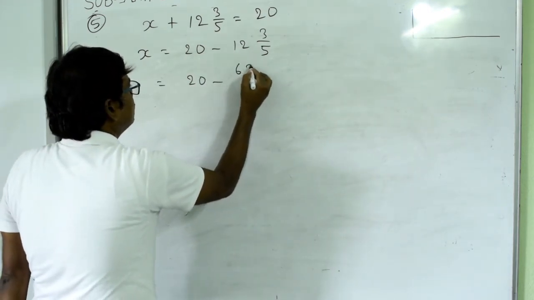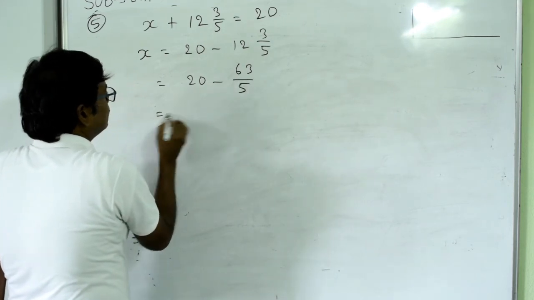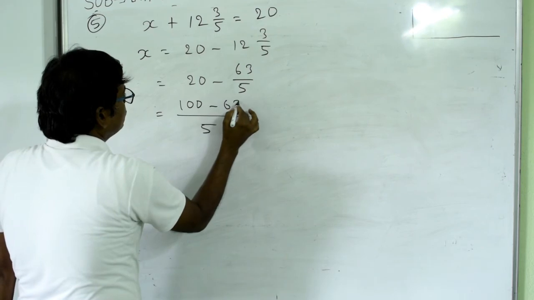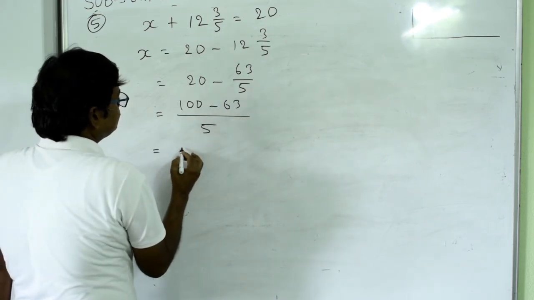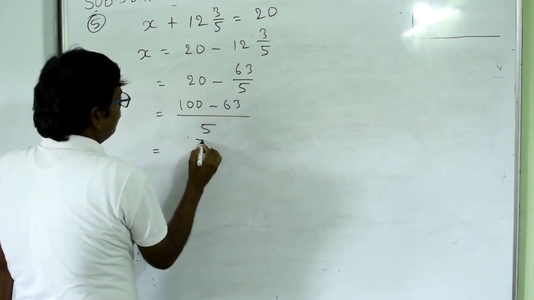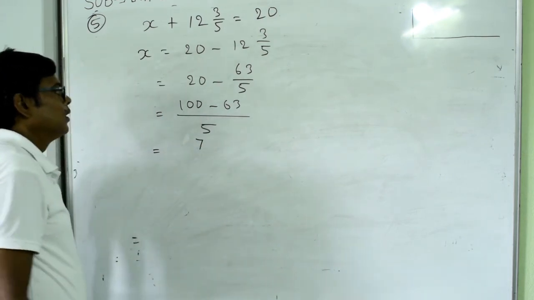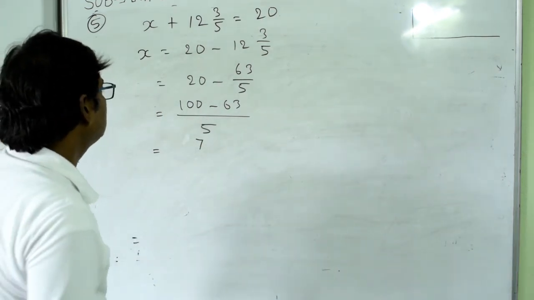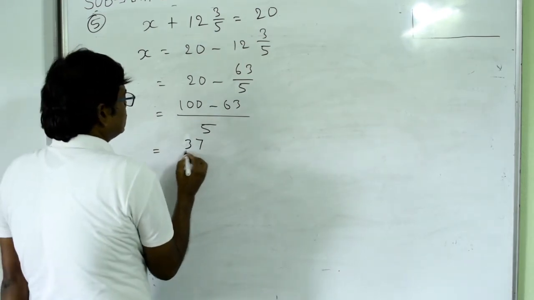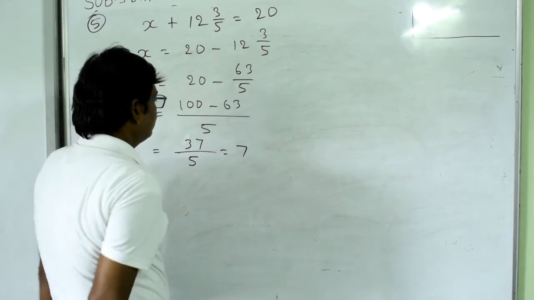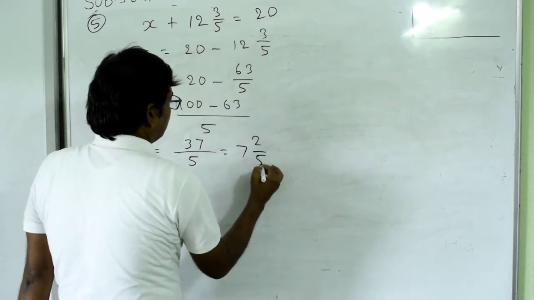that is 20 minus 63 by 5. Then here solve this, LCM is 5, it is 100 minus 63, that is when you subtract, then you will get here 37 by 5, 5 7 35, then it is 2 by 5.